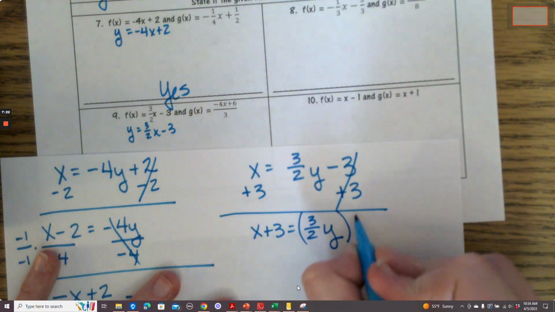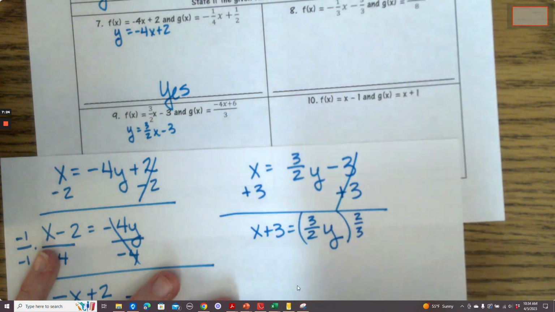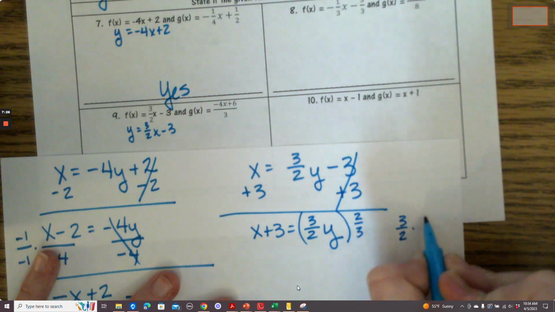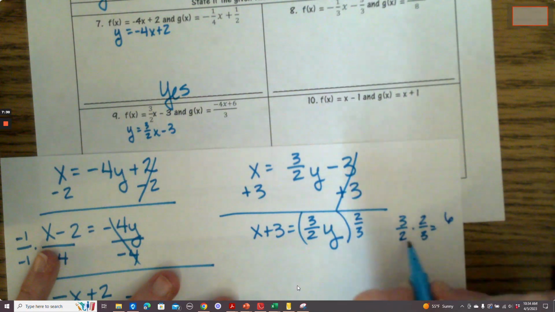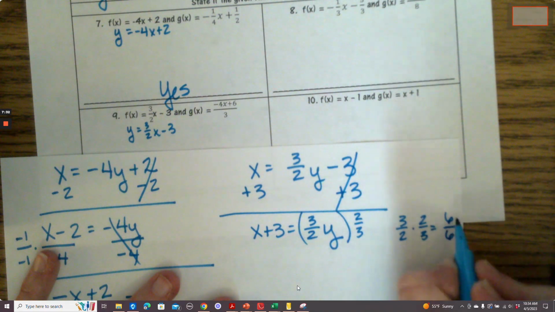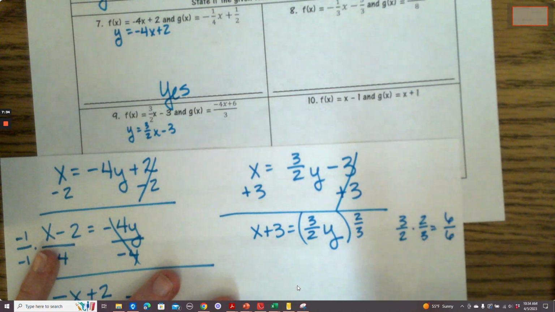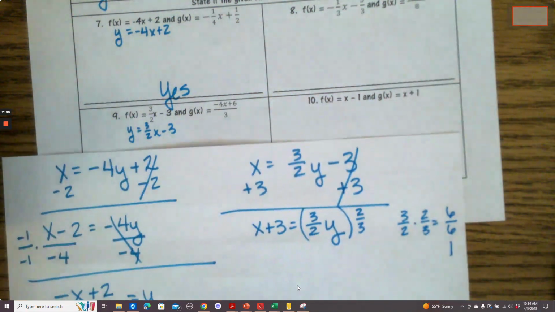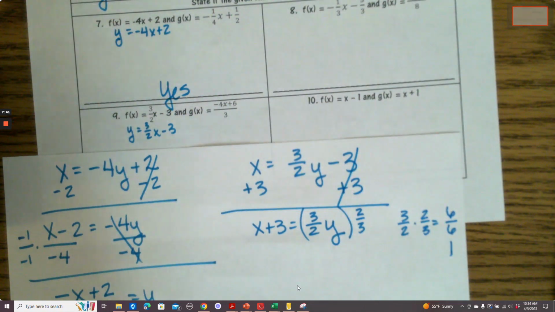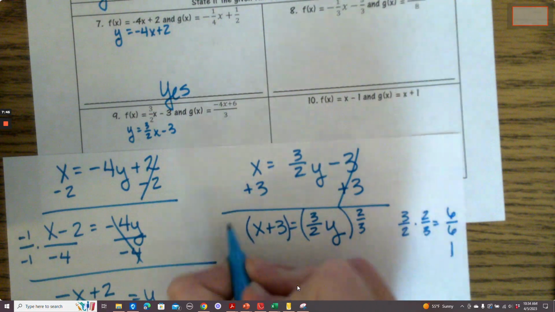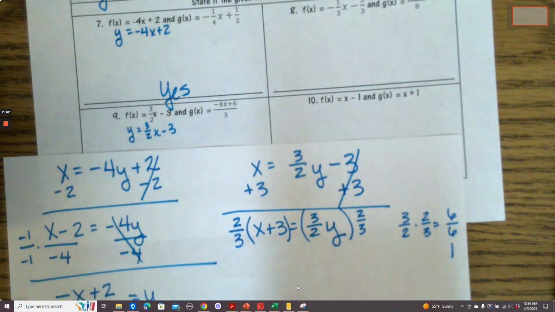If I multiply by 2/3, 3/2 times 2/3. So if I do this mathematically, 3 times 2 is 6, 2 times 3 is 6. When you have the same number on the top and the bottom, it simplifies to a 1, so it's canceling out. Why did you choose 2 over 3 then? It's the reciprocal of the fraction. So I've got to multiply this by 2 over 3.